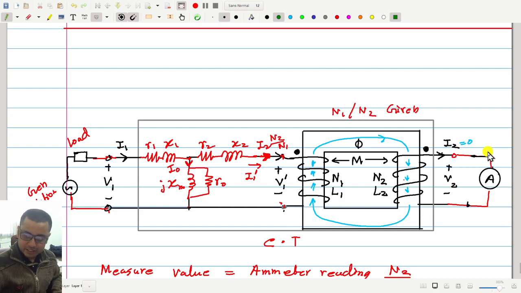Why? We are ignoring this while calculating the error in the current transformer. Then the current through the ammeter is basically this voltage here to here, divided by the meter impedance. So you divide this voltage by the meter impedance, you get the meter current, and the error current I naught is the same voltage divided by this impedance. In one case you are dividing by R naught plus jXm, this impedance.